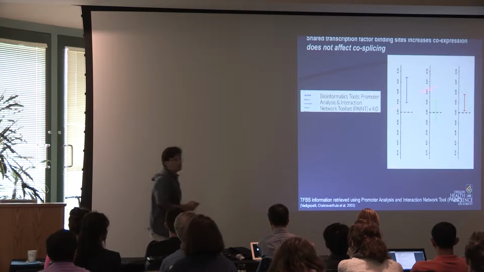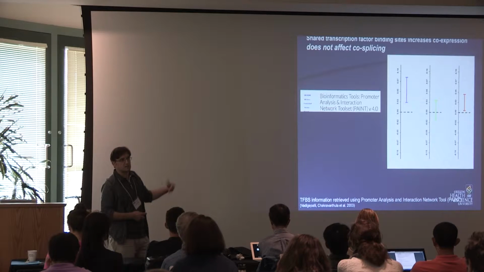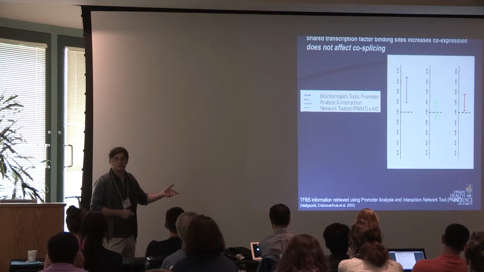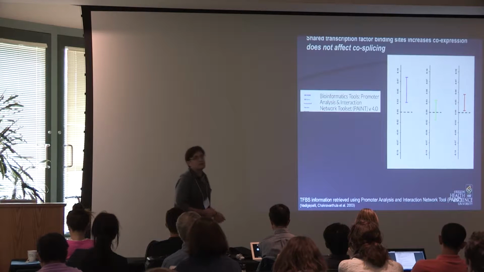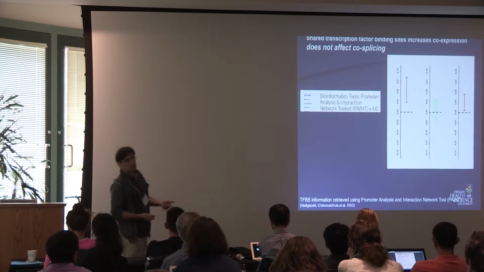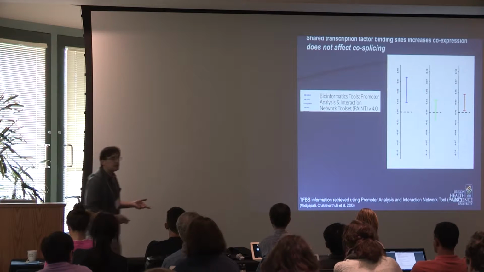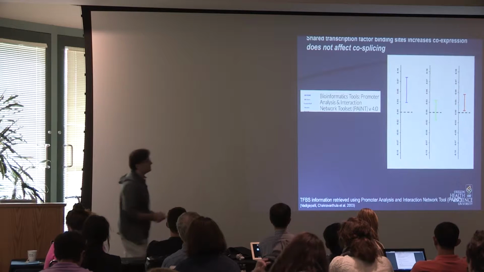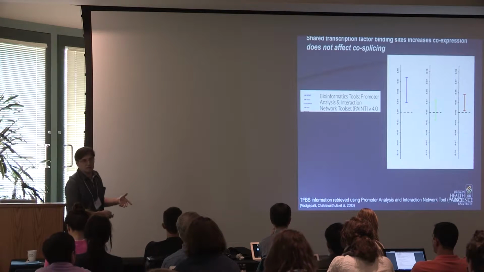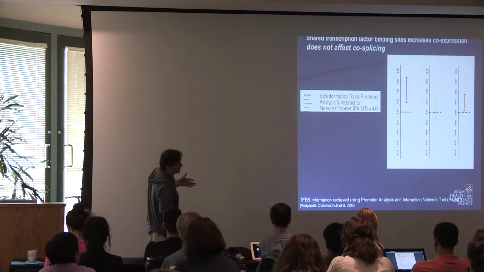As expected, the co-expression network has strong edges based on transcription factor binding site sharing, but not co-splicing, which is also to be expected because transcription factors generally shouldn't affect splicing that much. And the co-splicex is affected because it's kind of a hybrid. It's sensitive to co-expression and also to co-splicing.